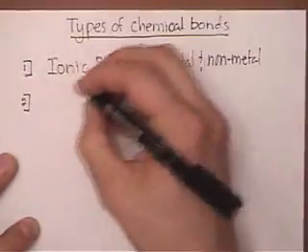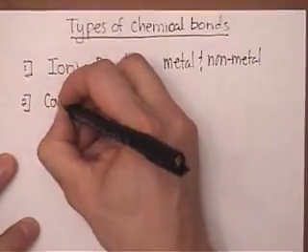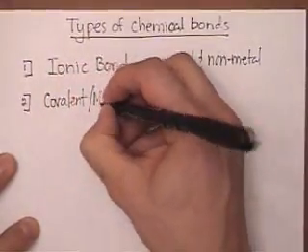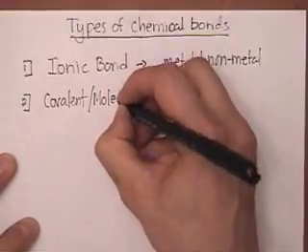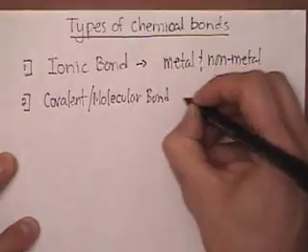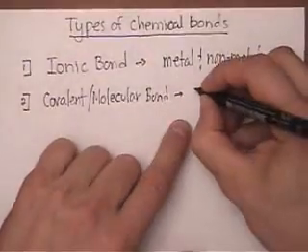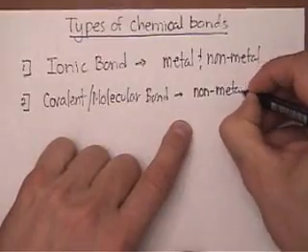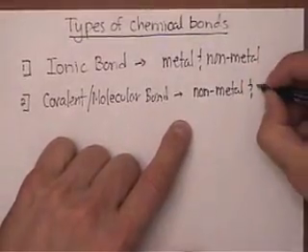Two is a covalent/molecular bond. That is one that occurs between a non-metal and a non-metal.